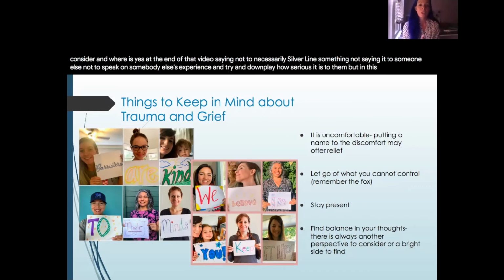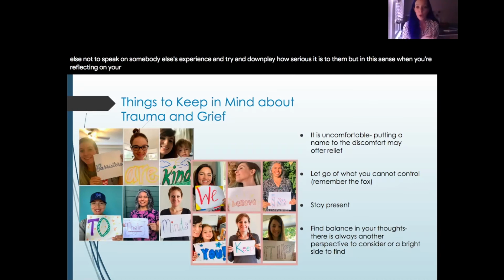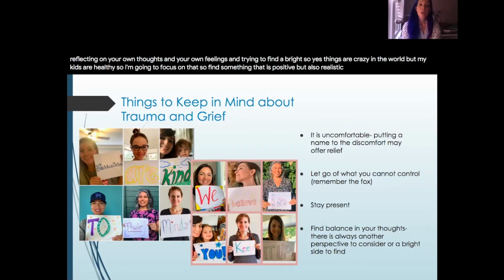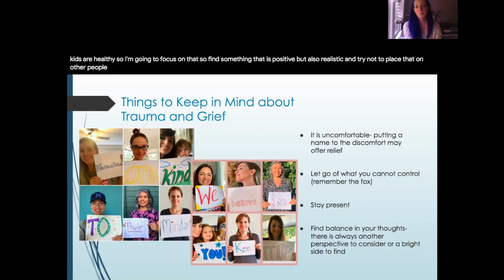But in this sense, when you're reflecting on your own thoughts and your own feelings and trying to find a bright side, find a bright side that's also realistic. So yes, things are crazy in the world, but my kids are healthy. And so I'm going to focus on that. So find something that is positive, but also realistic, and try not to place that on other people.